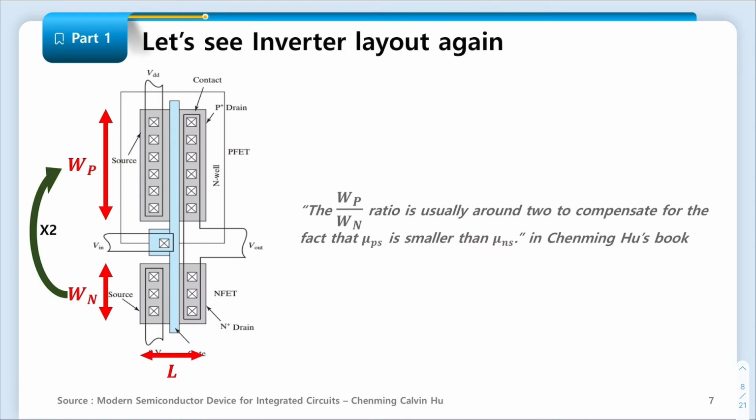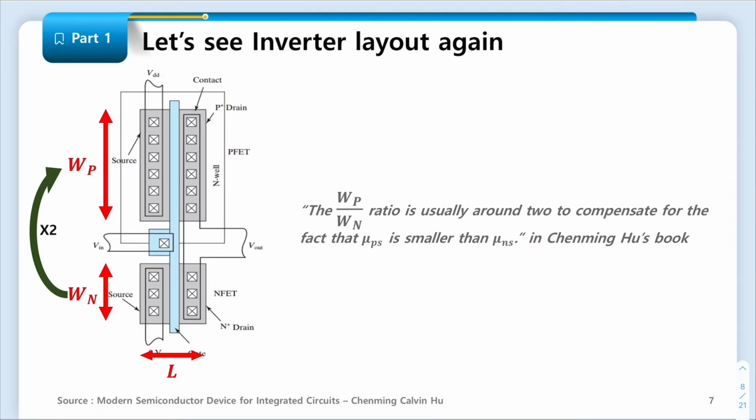In the CMOS inverter, to make symmetric characteristic of margin, we use a geometrical solution. And so the width ratio of PMOS and NMOS must be around 2 to compensate for the mobility term. This is definitely how the CMOS inverter controls its margin.